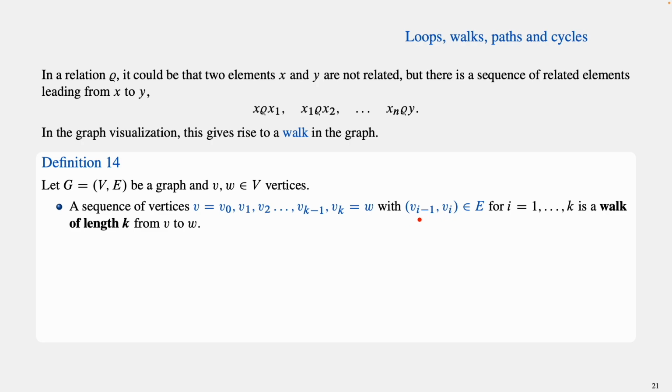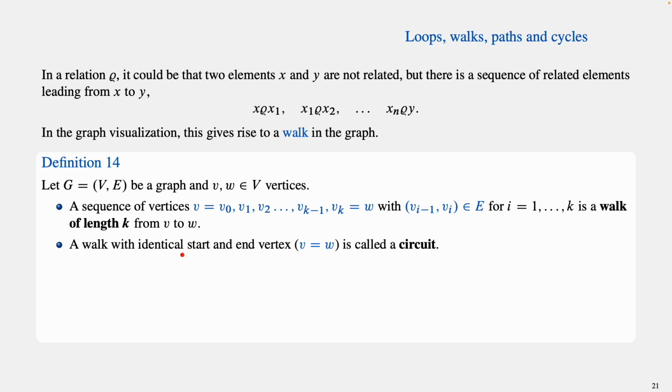And any two vertices that follow after one another in the sequence are connected by an edge. So the pair (v_{i-1}, v_i) is contained in the set of edges for all indices i from 1 to k. And then we call this a walk.